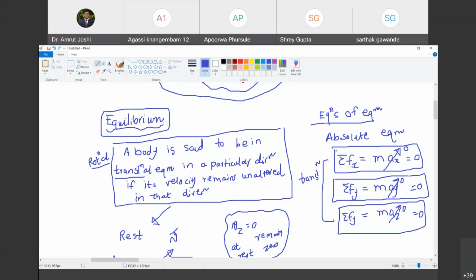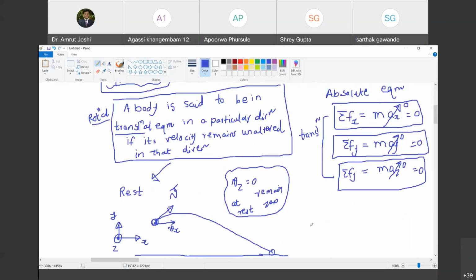Are you with me? Yes, sir. The moment we start talking about rotational equilibrium, we get another three equations of equilibrium, which are in terms of moments now. Happy? Yes, sir. So the algebraic sum of moments of all the forces about x-axis must be equal to mass moment of inertia about x-axis multiplied by angular acceleration.